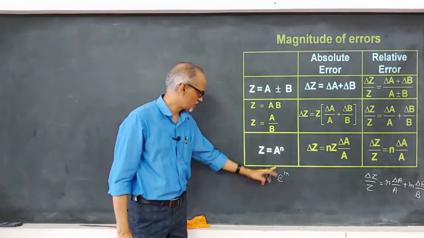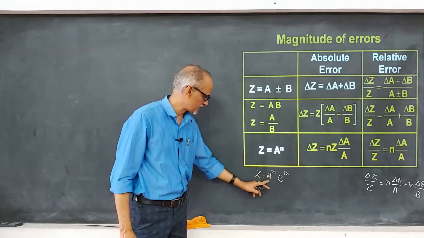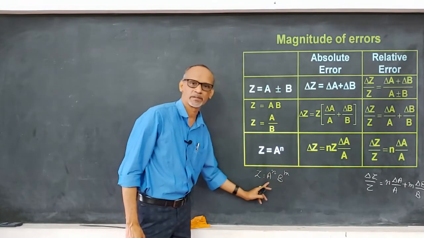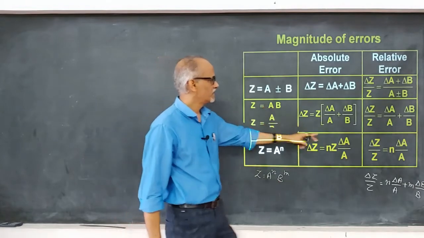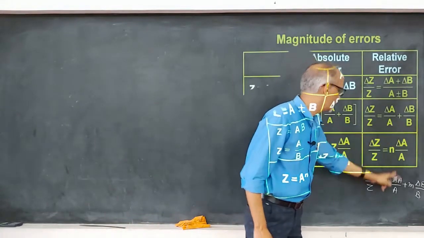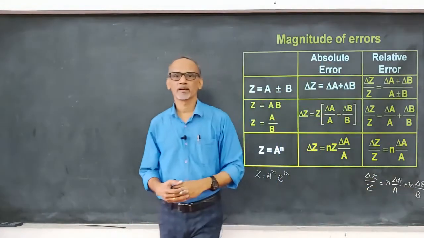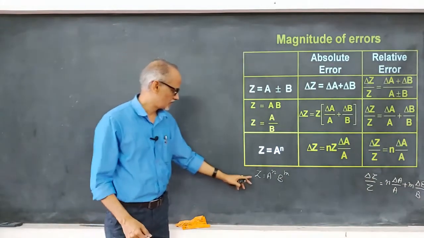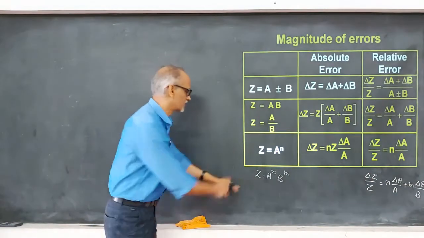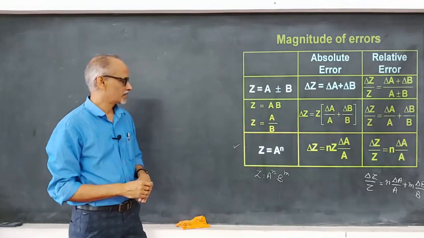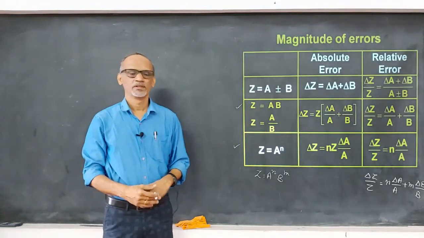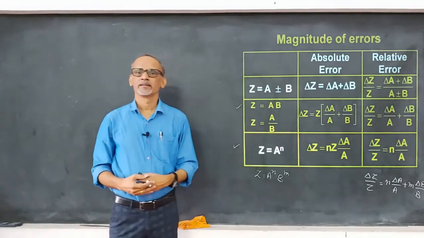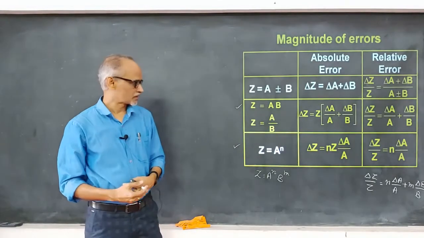So we have used the power formula here, n times delta A by A, and then this is multiplication, correct? A into B multiplied. So whenever there is a multiplication, we have to add the fractional errors. So this is a formula combining Z is equal to A to the power n and A into B. This is how we can calculate the fractional error.